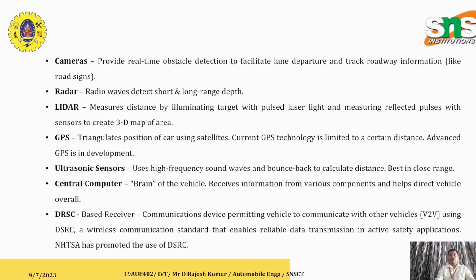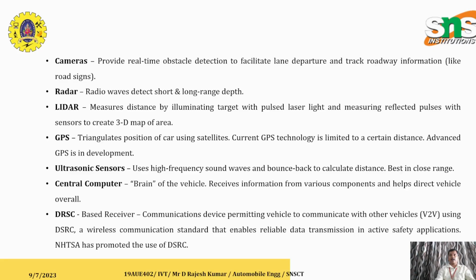The first is the camera. The camera is used to provide real-time data for the vehicle. It detects objects, finds obstacles, and also detects the lane. For example, if you travel on a highway and you are supposed to travel in a particular lane, the speed indications or the signs over the road can be captured by the camera, and it sends the speed limit to the ECU.